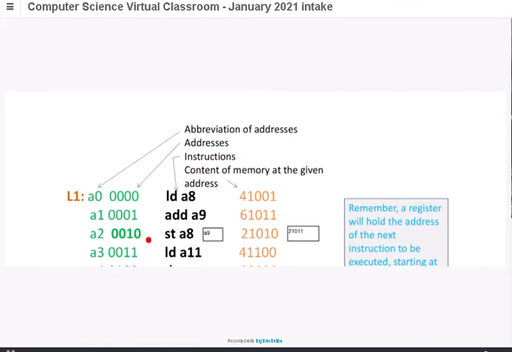It's store in A9, not A8. Store the number in the accumulator and put it into memory location A9. So A9 is this location here. At the moment it contains just a number M.